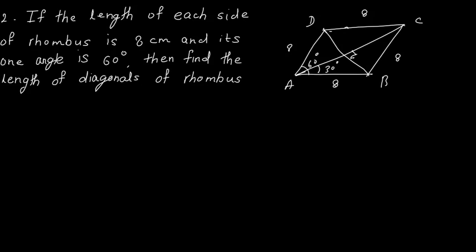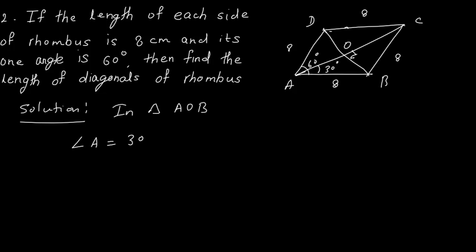Now here if I consider this point as O, in triangle AOB, angle A is 30 degree, angle O is 90 degree and therefore angle B will be 60 degree.